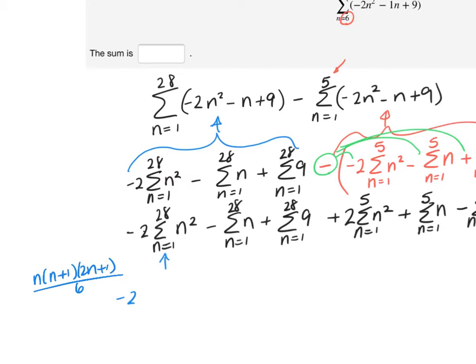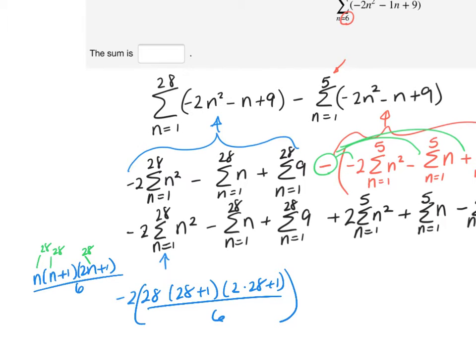I think that's right. Okay, so wherever I see n, I'm going to replace it with 28. So this is going to be 28 plus 1, 2 times 28 plus 1, all divided by 6.